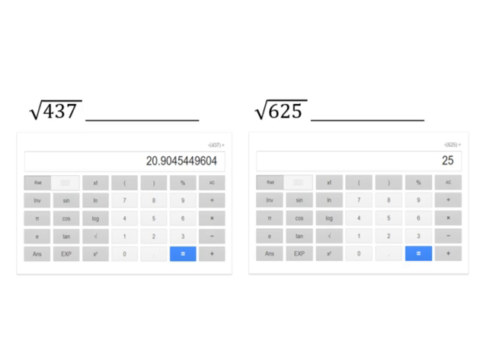We have the square root of 437 and the square root of 625. When putting that in the handy dandy calculator, for the square root of 437, our answer will be 20.9 or 20.90.